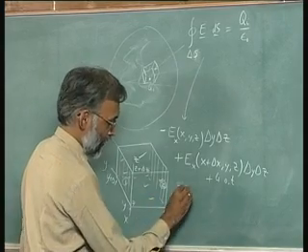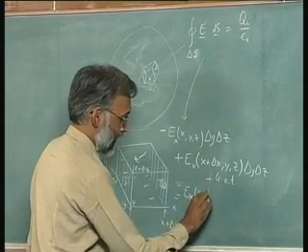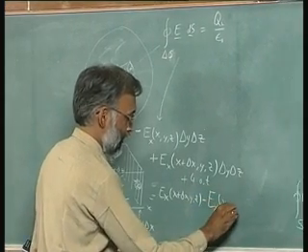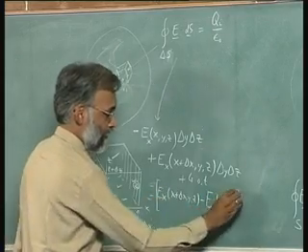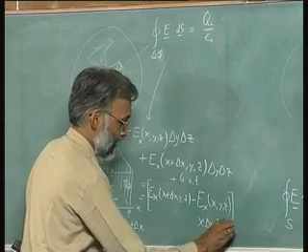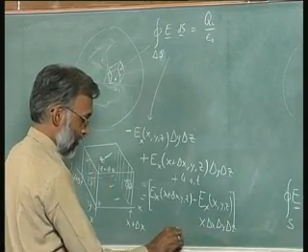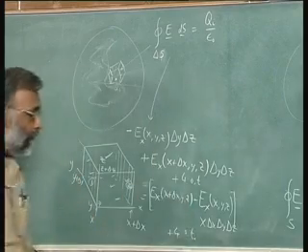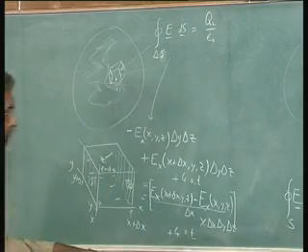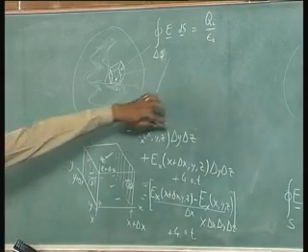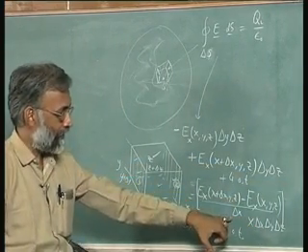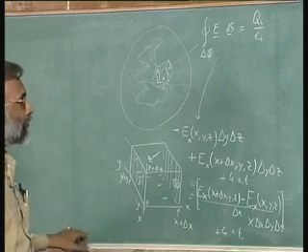This is equal to Ex of x plus delta x, y, z minus Ex of x, y, z, into delta x, delta y, delta z, plus 4 other terms. Oh, I have to divide by delta x. So, do you see what I have done? I have taken delta y, delta z common, I have multiplied and divided by delta x and written out the other terms.